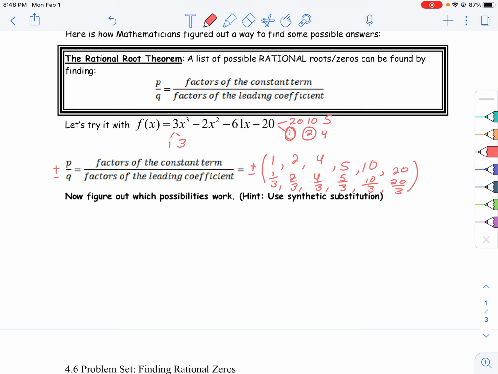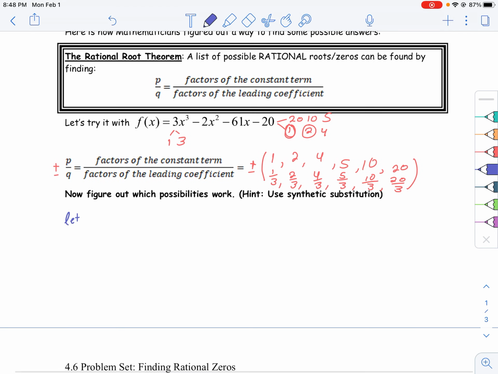So now what we literally have to do is start guessing and checking with our synthetic division. So let's try 1 first. If we do 1 with synthetic division, because we have positive 1, that would give us 3, negative 2, negative 61, negative 20.